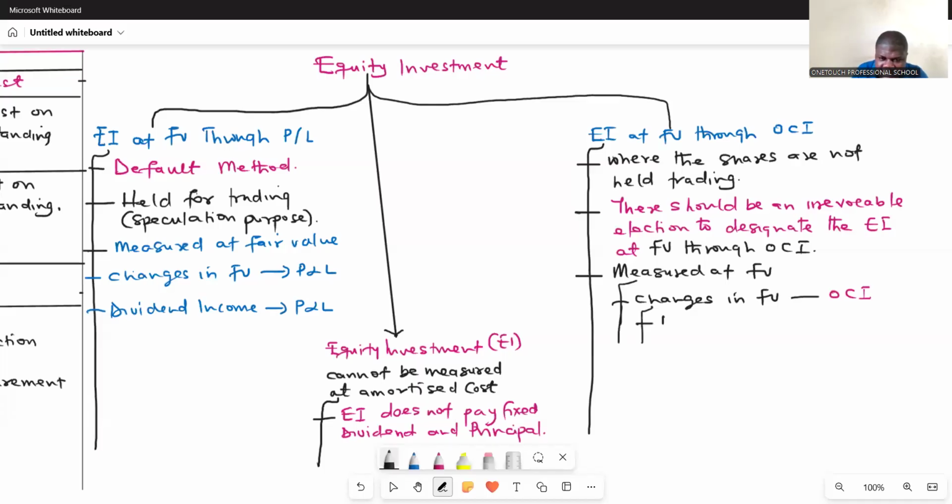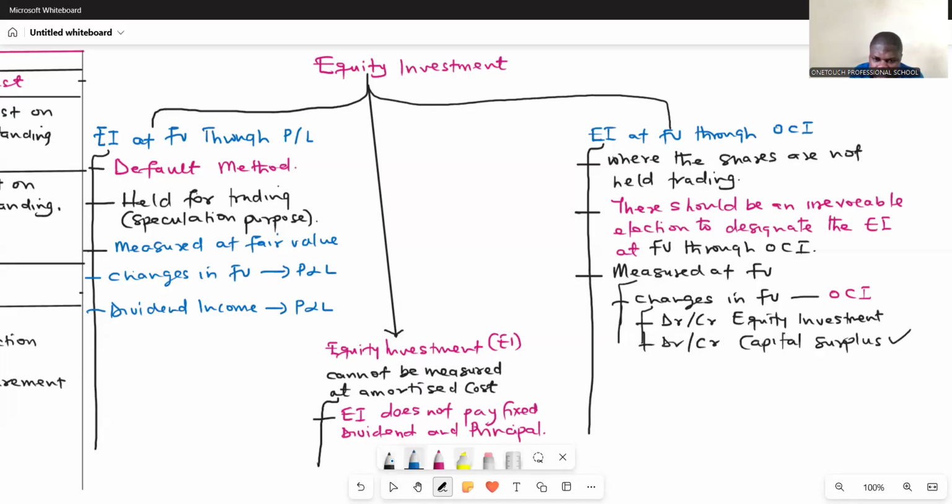Going to OCI means that you debit or credit the equity investment, then you debit or credit the capital surplus. Because it's an other comprehensive income item, we have to show it under equity, and the right account is the capital surplus in this case.